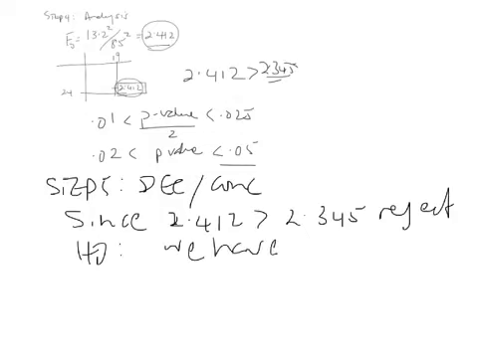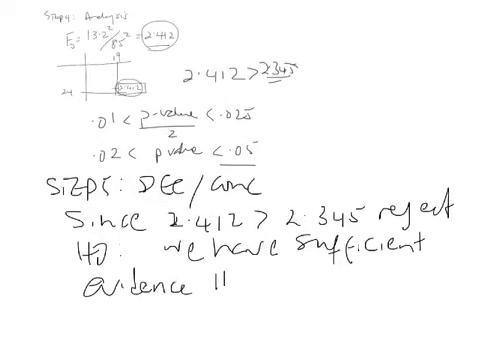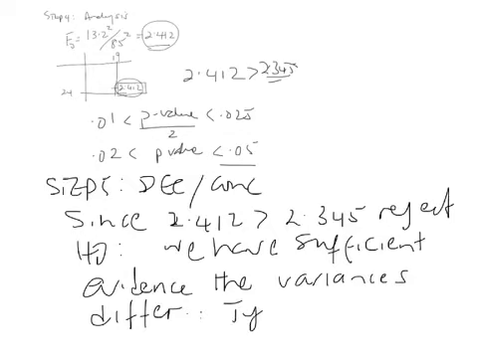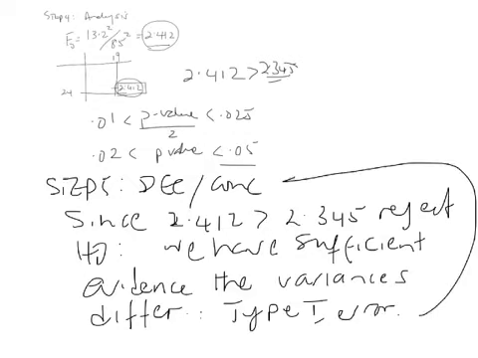We have sufficient evidence the variances differ. Can we be wrong? Yes, we could possibly commit a type 1 error. And what's the probability of a type 1 error? The probability of a type 1 error is our p-value. Sorry, I missed that.